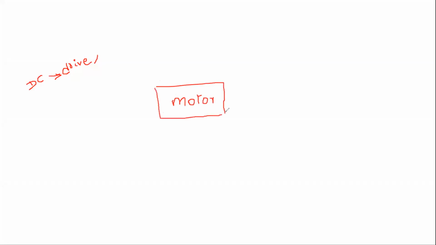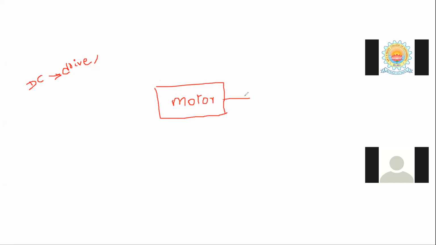I am drawing the layout. For this motor, we are going to connect a drive, and this drive is going to be operated with this motor. So before learning the complete operation, we have to know at which part this drive is going to be connected, right?